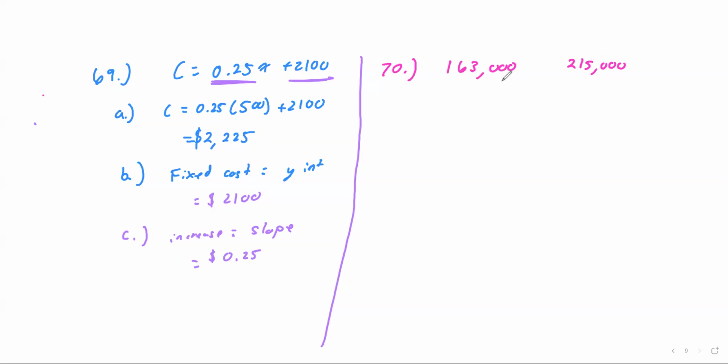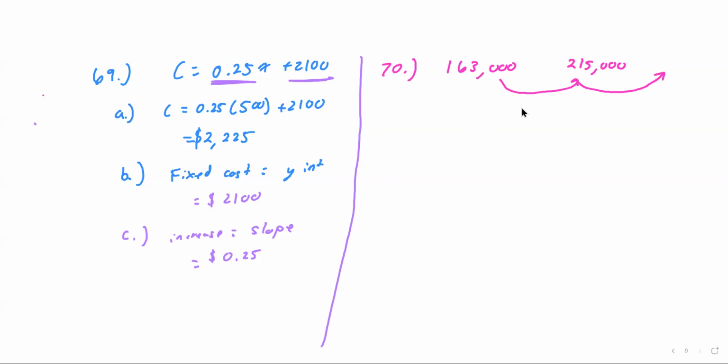So when you are going from year to year, and it's telling you it's linear, all you got to do is find the difference of these two. So basically, how much did it increase? So this would be 215,000 minus 163,000.